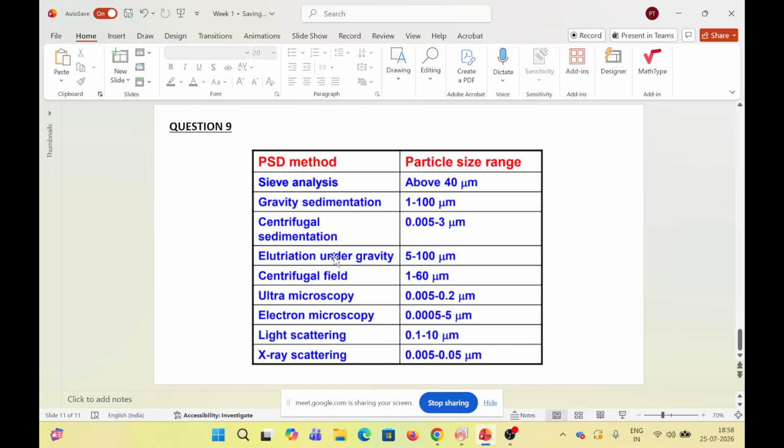Please have a look at this table and try to remember some of these values, because you never know. There may be a fill up or a match the following within this. I'm not sure, but it is my thinking that this may be a place where they can ask questions. Once you know the particle size, you will be able to say that this technique will work or this technique will not work. So this is quite an important table.